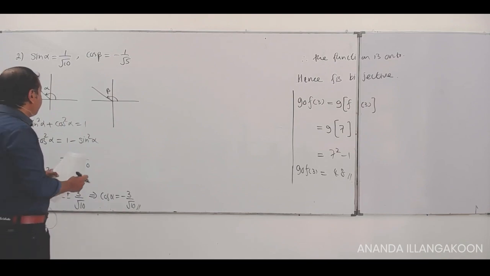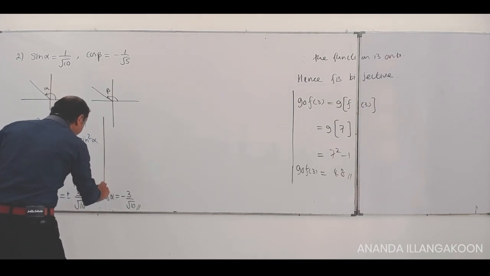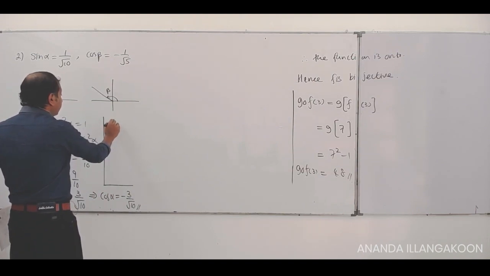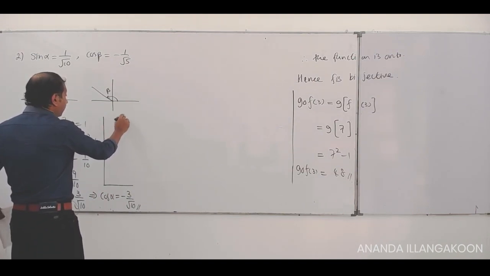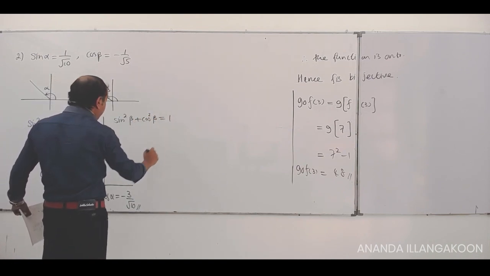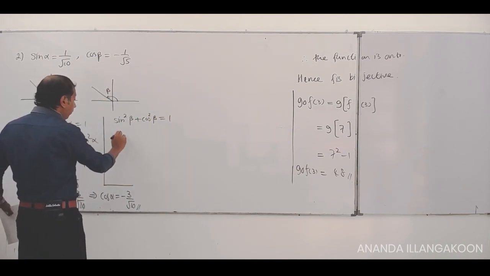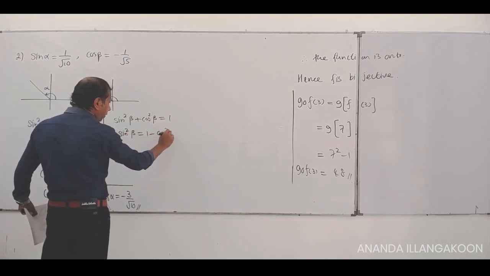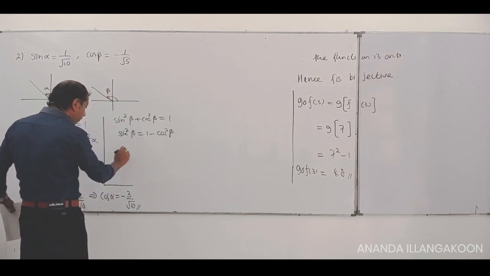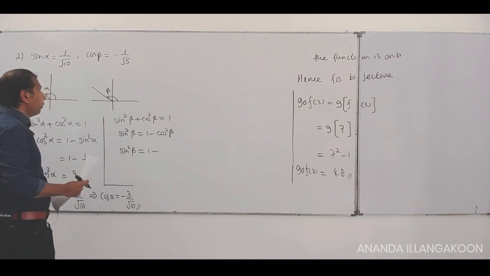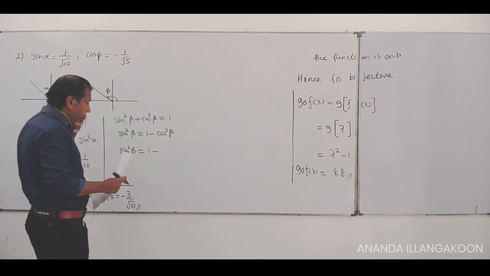And now we will take beta. The same way we can find sin beta. We can write sin squared beta plus cos squared beta equals 1. We need to find sin beta by that. Sin squared beta is equal to 1 minus cos squared beta. Cos squared beta is 1 over 5.